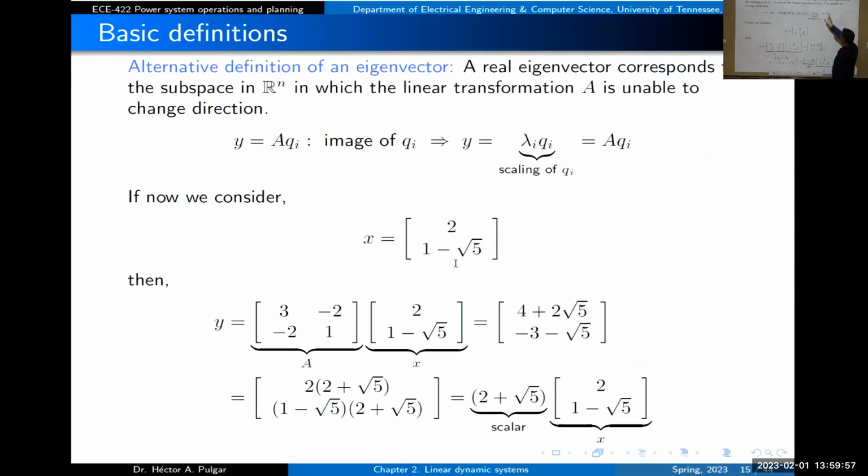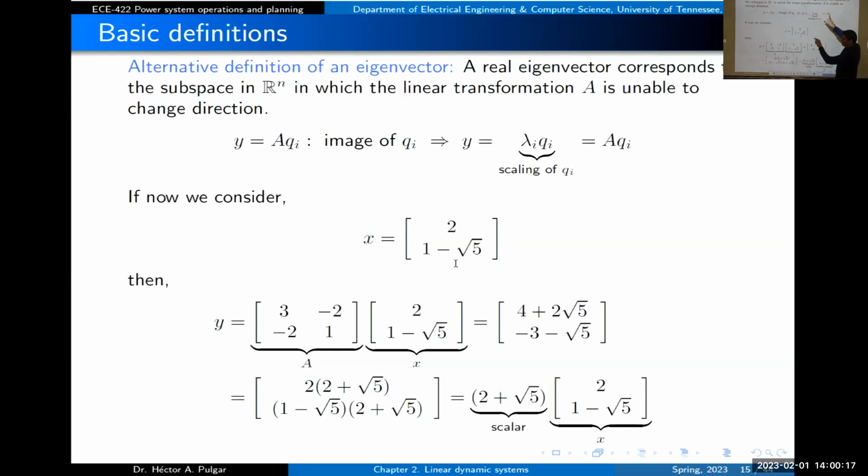So if you have AQ, where Q is the eigenvector, this must be equal to the same vector scaled with this eigenvalue lambda.